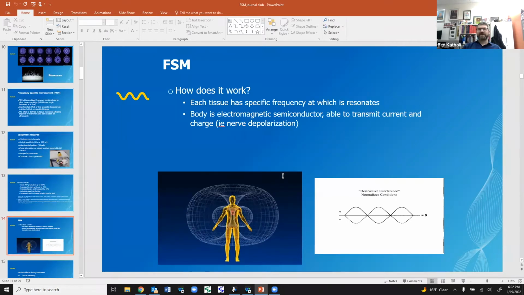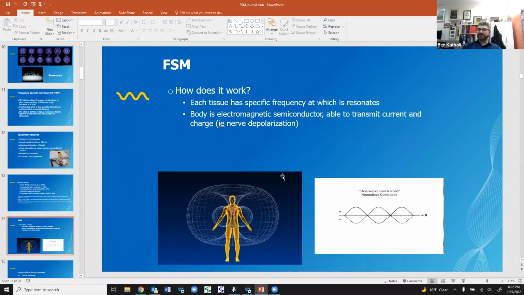So we talked a little bit about how this works, and why it works on the body is that we're wired like a battery, positive to negative, top to bottom and front to back. So if you take polarity measurements of the body, the top of your head is very positively charged and your soles are negatively charged, and the same with the back. And what it has to do with is the direction of nerve firing, and how that transmits current.